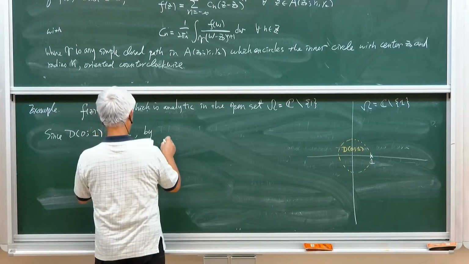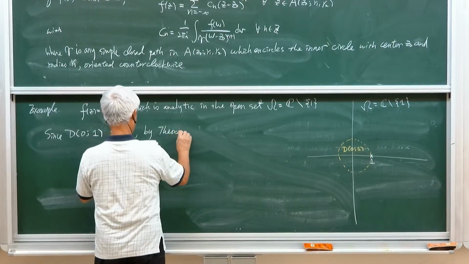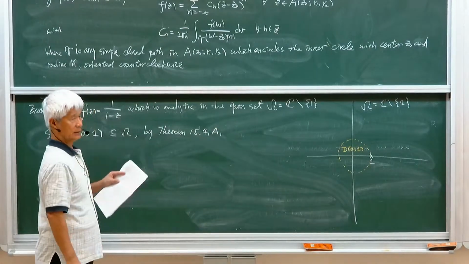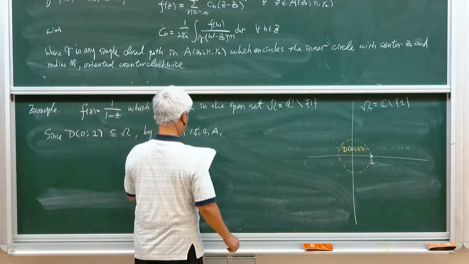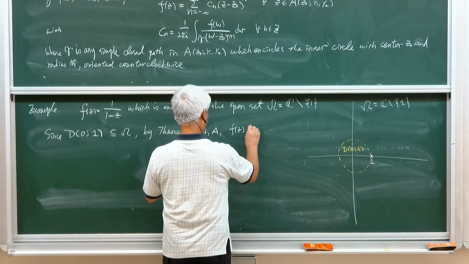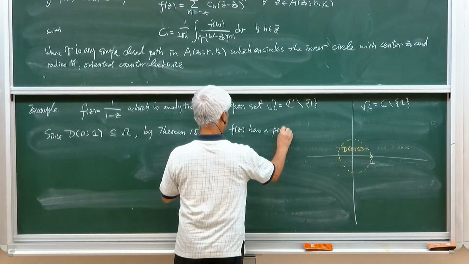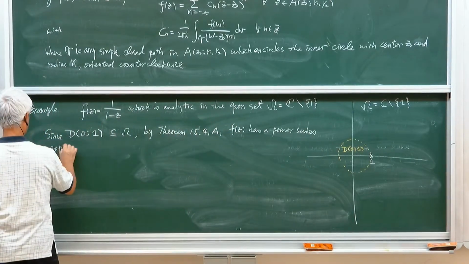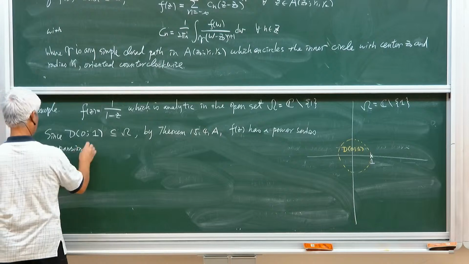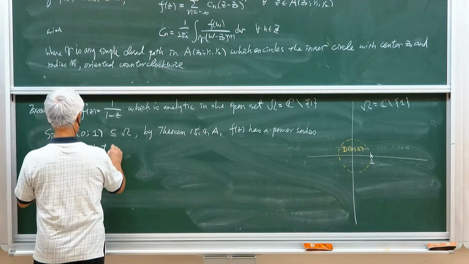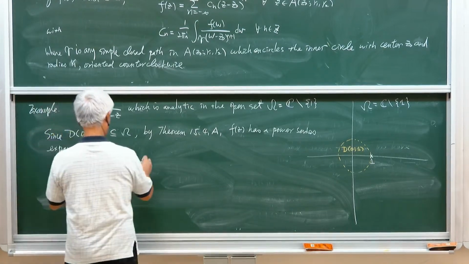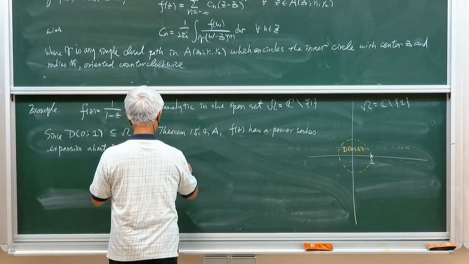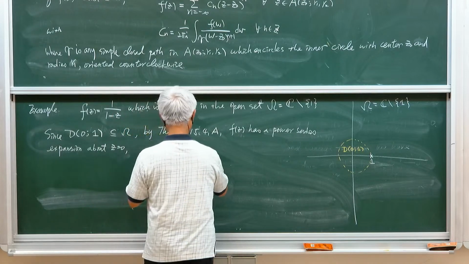Now, by theorem 15.4.8, f(z) has a power series representation, or power series expansion, about z equals 0. And we can find it. Okay, so this is a summation.